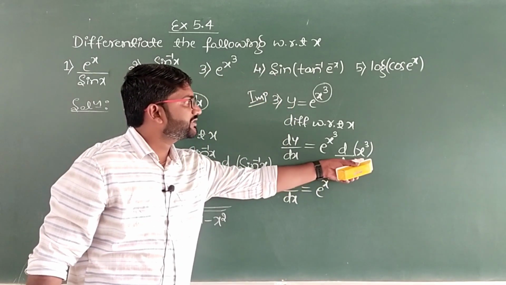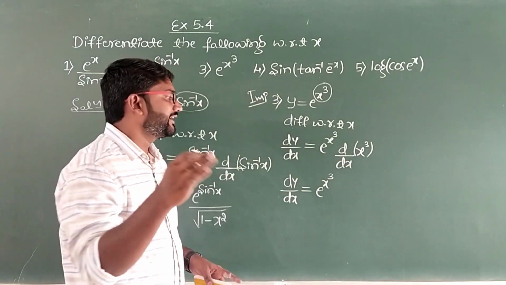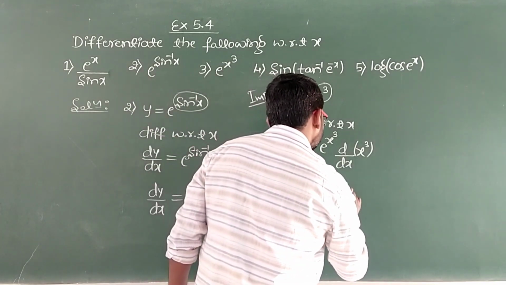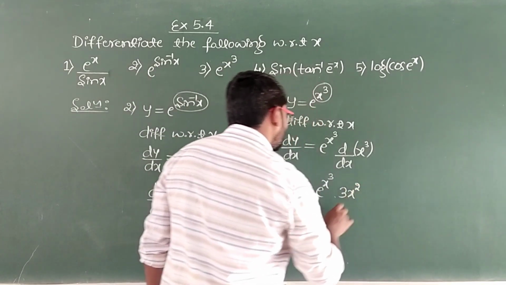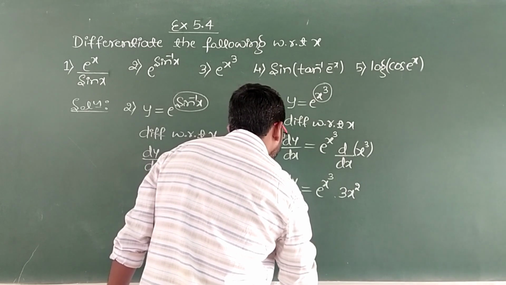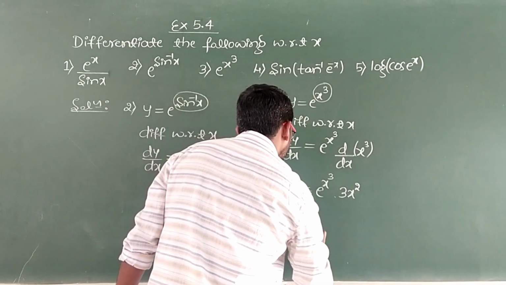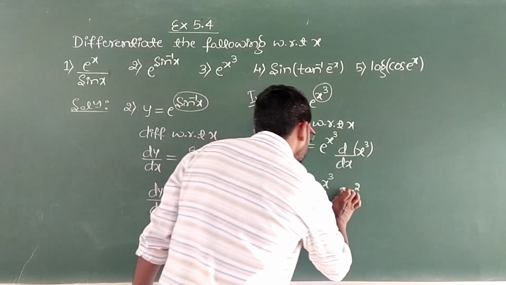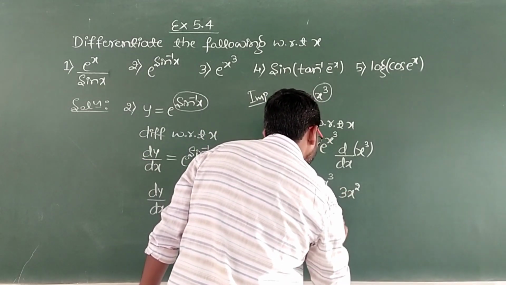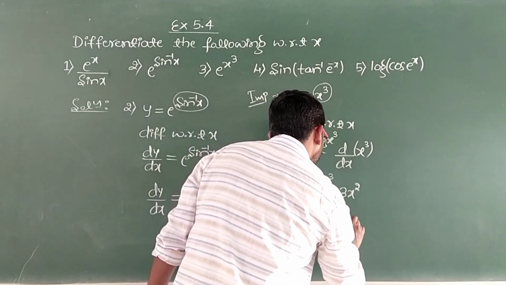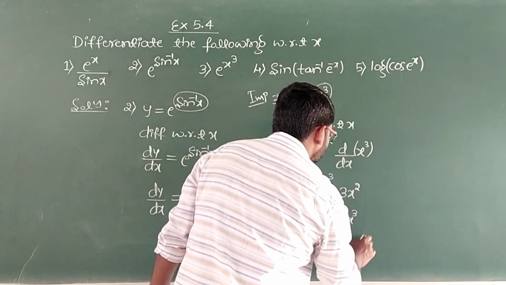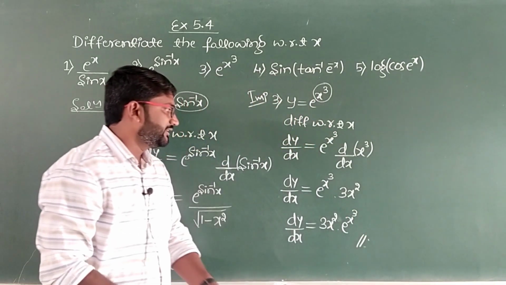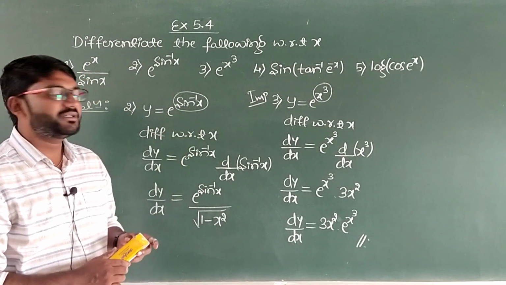Then derivative of x to the power 3 will be 3x square. Overall the final answer is dy by dx equals 3x square into e to the power x cube. So this is all about question number 3. Note down this, then we'll take up question number 4.